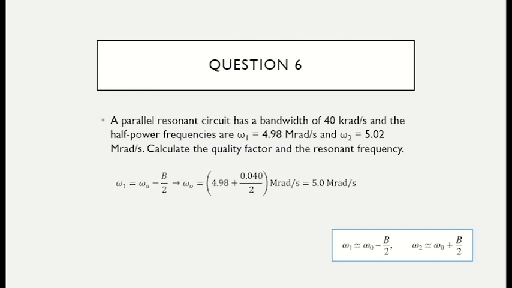In this case, I used omega 1 to find the resonant frequency, and I found the value to be 5.0 megaradian per second. Don't forget to convert your 40 kiloradian per second into megaradian per second before you try to solve the problem.